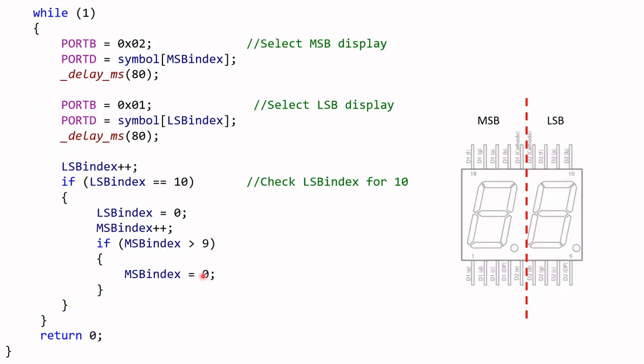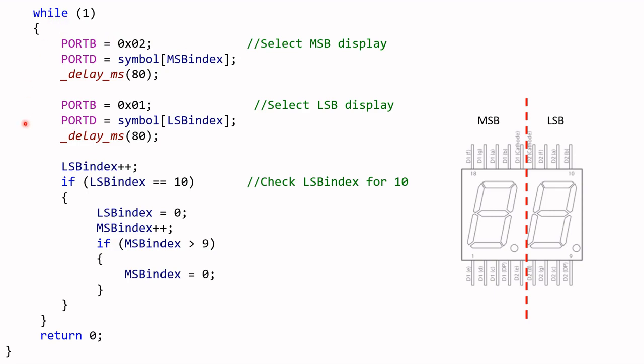Before we get into this, I repeat the dual display diagram here. D1 will be the MSB, D2 will be the LSB, the most significant byte and the least significant byte. To select that, these are the two cathodes here, and that is actually being used here.